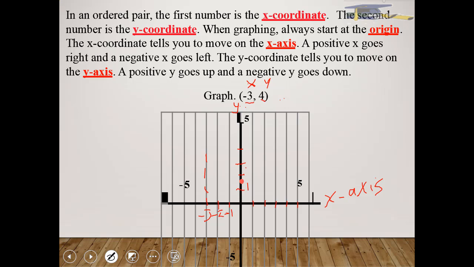So from here, we need to find the intersection between 4 and -3. So the intersection point here would be our point, which is -3 and 4.